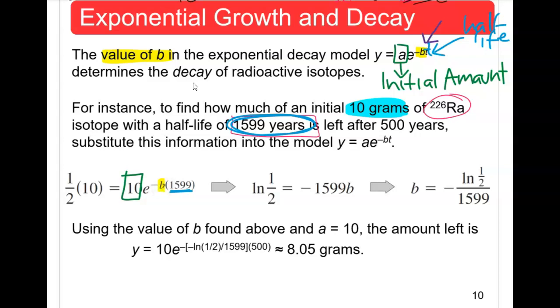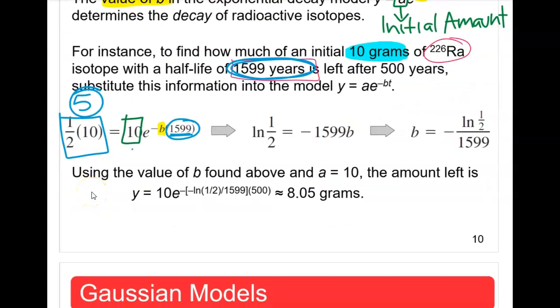Then remember that we're looking for B. That's what we're looking for. And what else do we know? Well, that it will take those many years for 10 grams to be half of 10. And so half of 10 is 5. We know that. So we could either substitute this with a 5, or I guess to show you, they're using half of 10, but let me just do it.